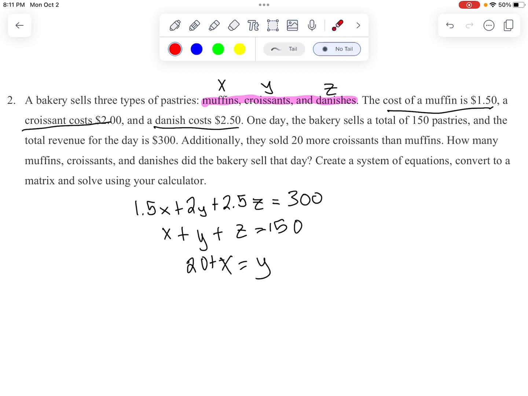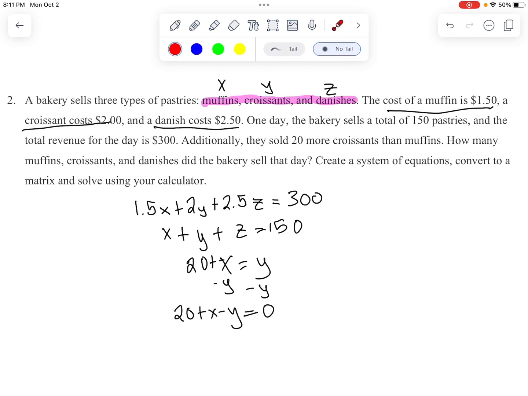Now, the issue with this, before I can go to the matrix, is I have X and Y on both sides of the equal sign over here. And I notice that up here, my X's and my Y's are both on the left side of my equal sign. And then my number is on the right side. So I'm going to do some rearranging. I'm going to subtract Y from both sides. So I will have 20 plus X minus Y is equal to 0.